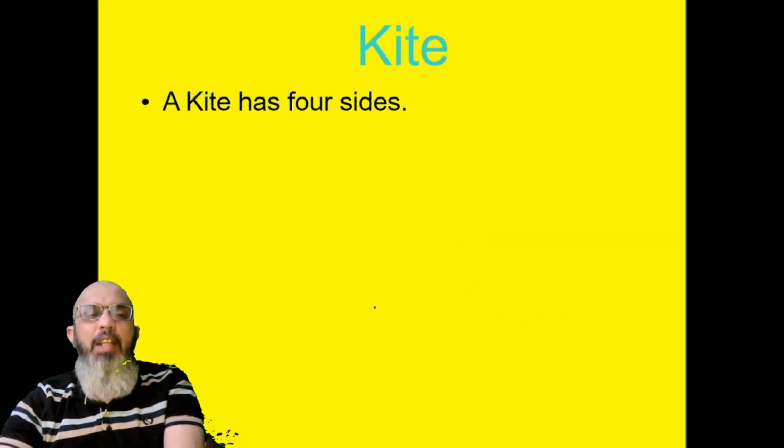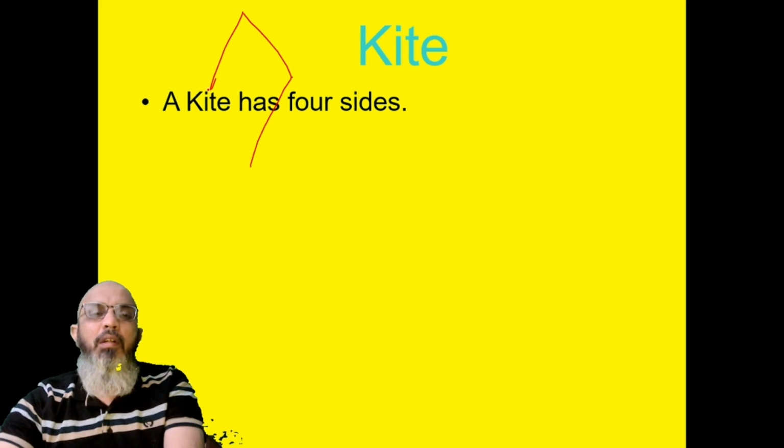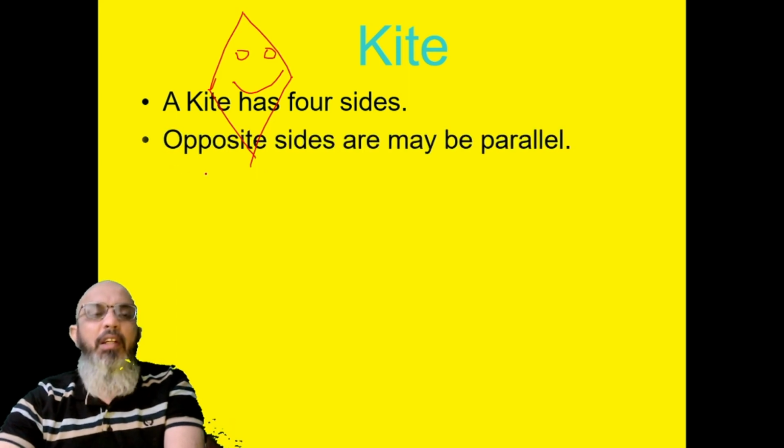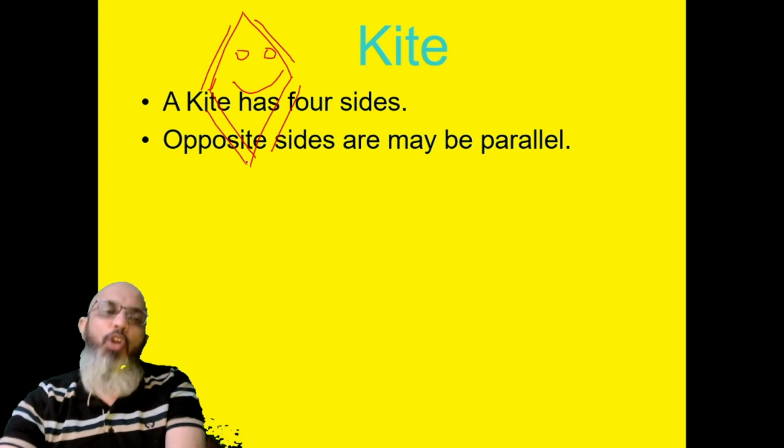So the next shape is the kite. Do you know what the shape of a kite is? Like this. That is a kite. It has four sides. Opposite sides may be parallel. Opposite sides means this side may be parallel to this one and this side may be parallel to this one. It may be parallel, it may not be parallel.